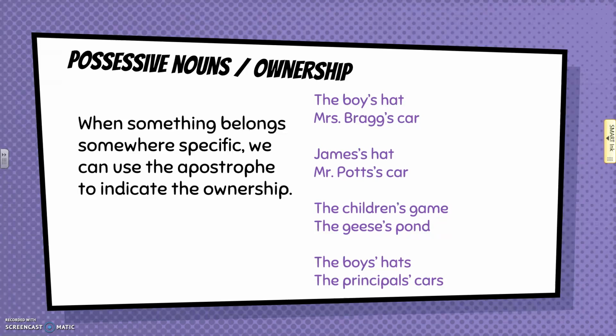If it is a singular noun and it does end in S, like James's hat, you're still going to add your apostrophe S. If it's a plural noun, such as the children's game, then you're going to add apostrophe S. And then finally, if we have a plural noun already ending in S, then you will just do S apostrophe, okay? So 3 out of 4 times we're doing apostrophe S, and then there's that one exception to the rule where you do S apostrophe.